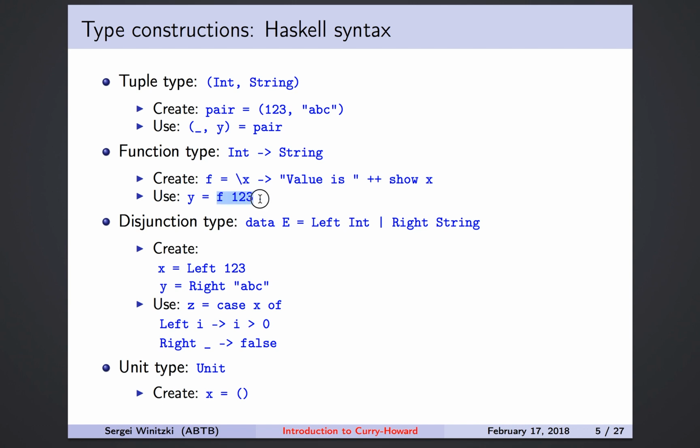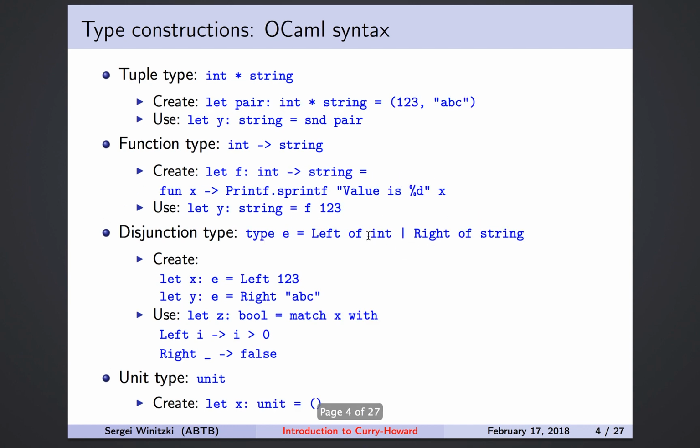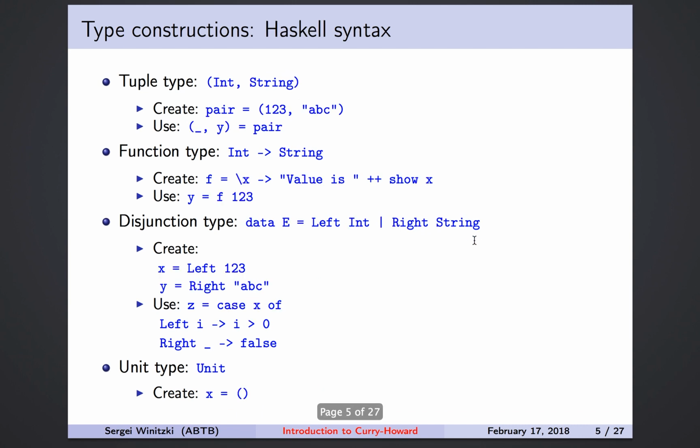You use this syntax to apply functions to arguments in Haskell, just like OCaml. Parentheses are optional. This is the syntax for defining the disjunction type, very similar to OCaml, except there are no keywords of necessary. So very similar, less verbose than OCaml.